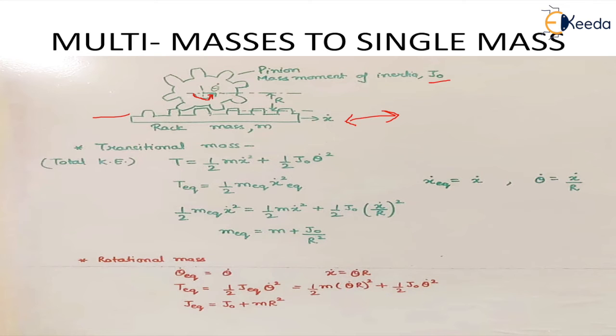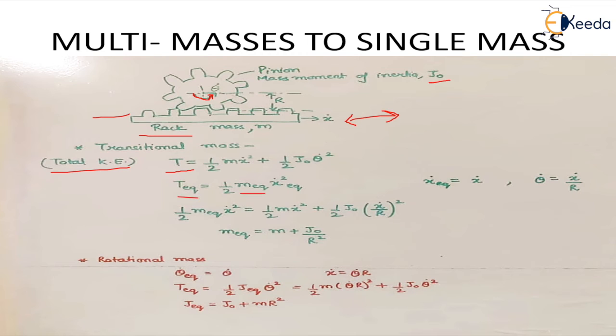If we want to write the equation, the total kinetic energy is the kinetic energy of this translating rack, half m x dot square, plus half J naught into theta dot square. What exactly do we want? Whatever the total kinetic energy of the system is, we want the equivalent kinetic energy with a single mass and equivalent displacement.